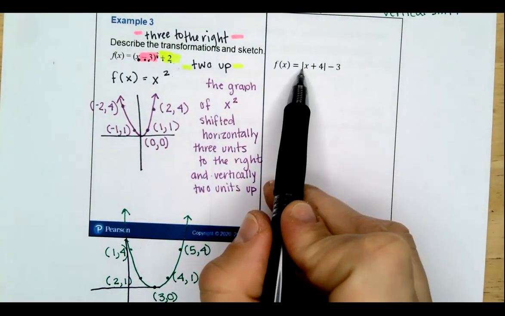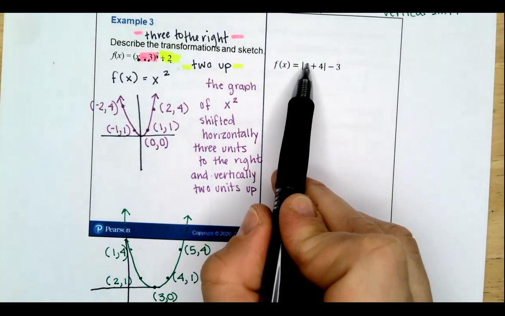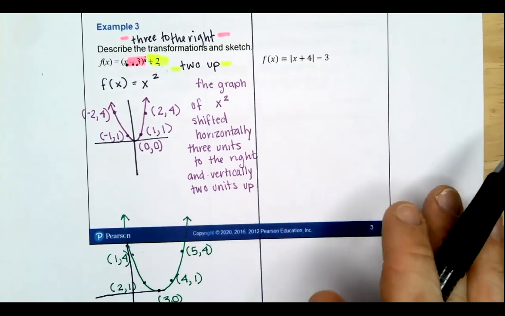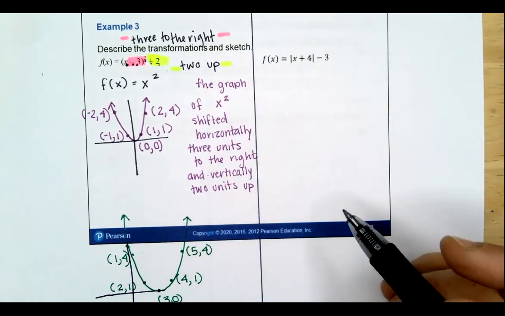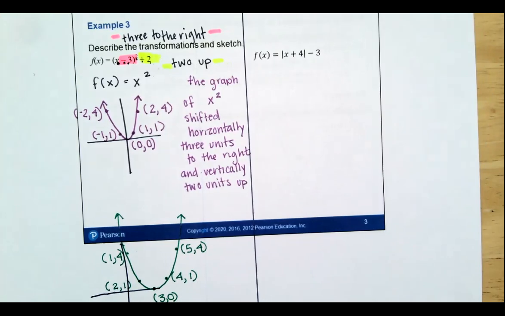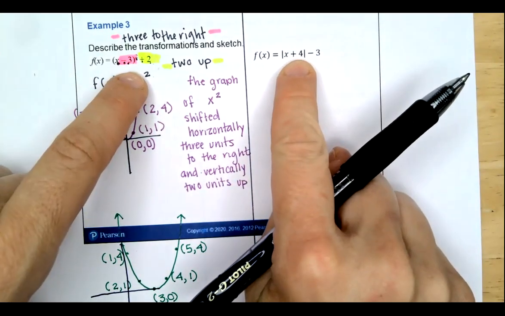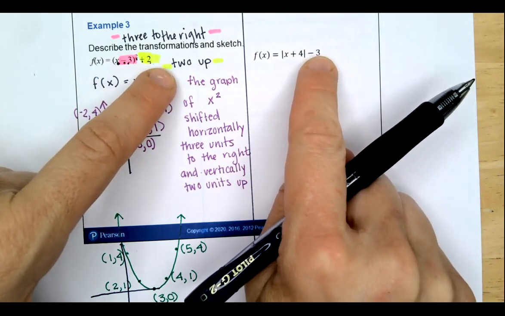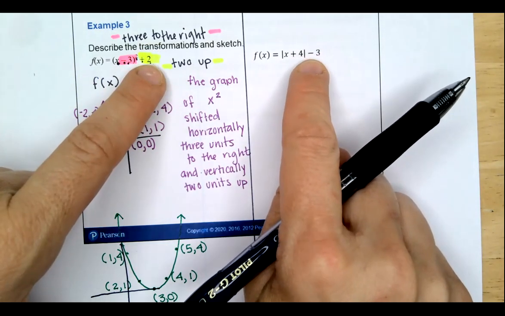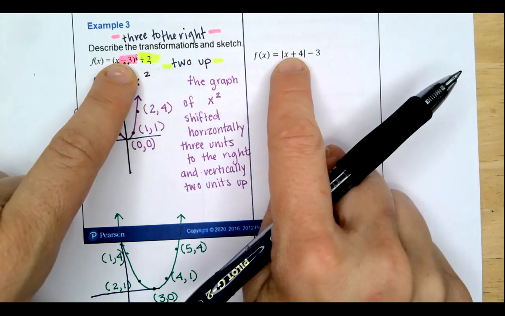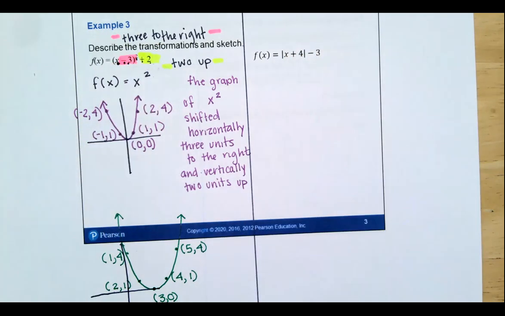f of x equals the absolute value of the quantity x plus 4, and then minus 3 outside that grouping symbol, okay? So the plus 4 is a horizontal translation, and then the minus 3 is a vertical translation. You know that because these are grouped and these are outside the grouping symbols, right? What is the parent function?